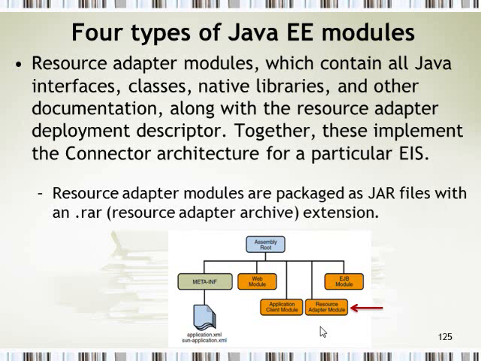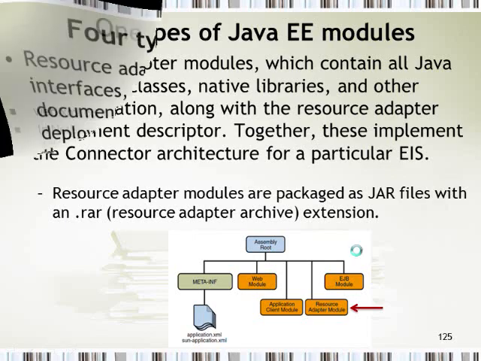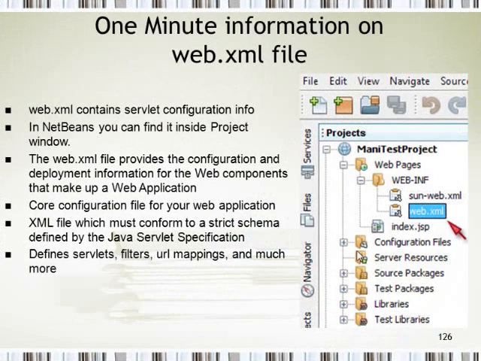They contain all the libraries and drivers required for the adapter to connect to the enterprise information, whatever is on the different database or any other application running on it. They are given the extension .rar, resource adapter archive. So RAR is the extension for that. .rar files will be there. So these are the files which will be available.